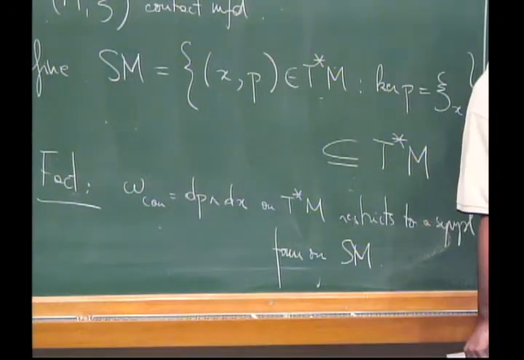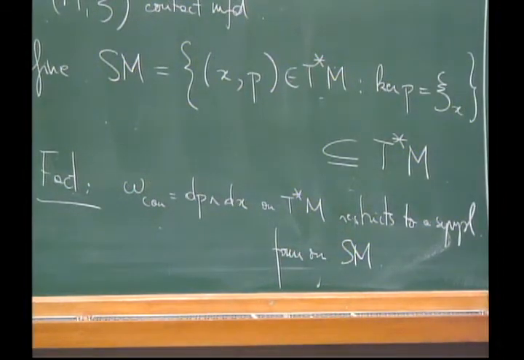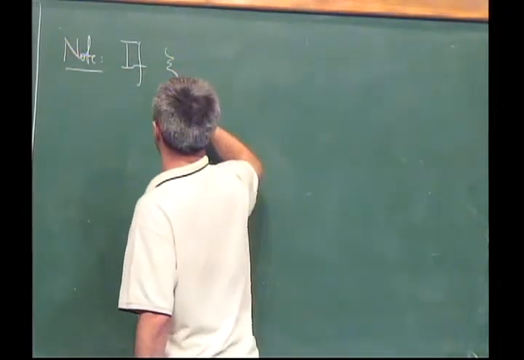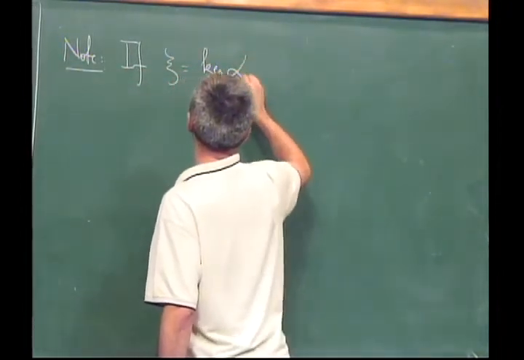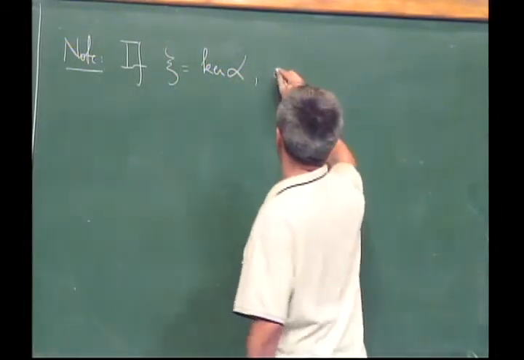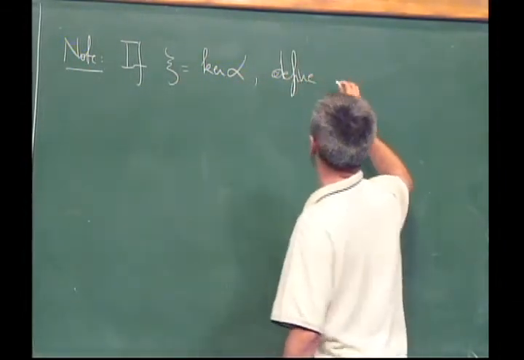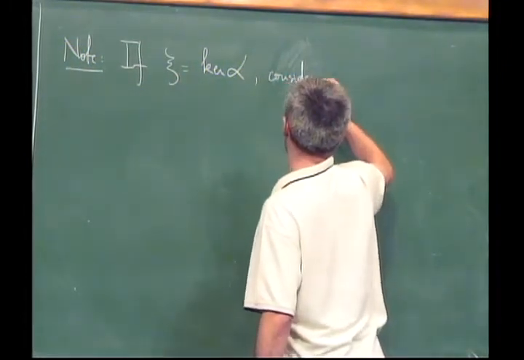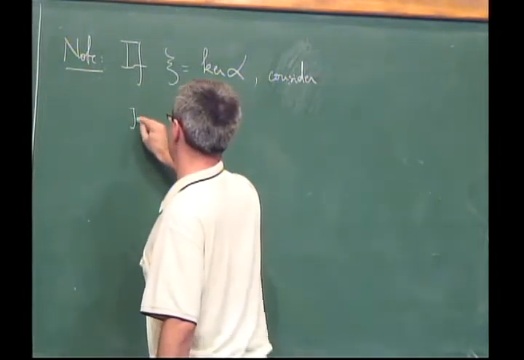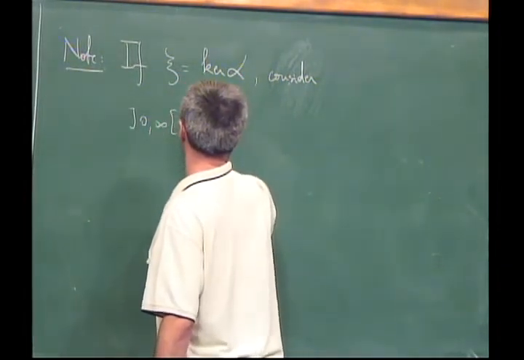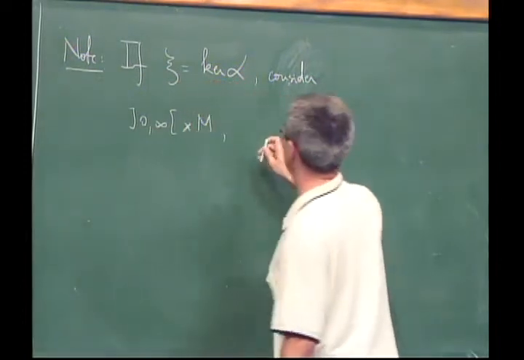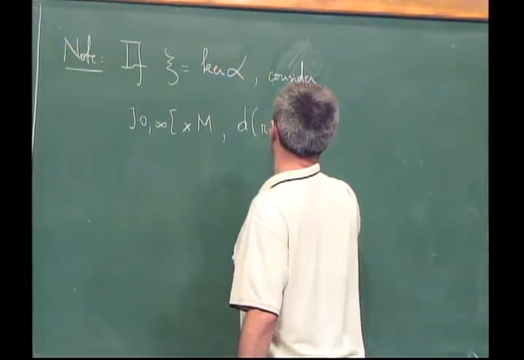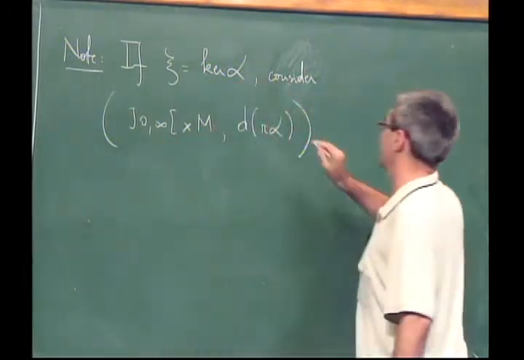Note, if xi is the kernel of alpha, consider (0, infinity) cross M with d(r alpha).